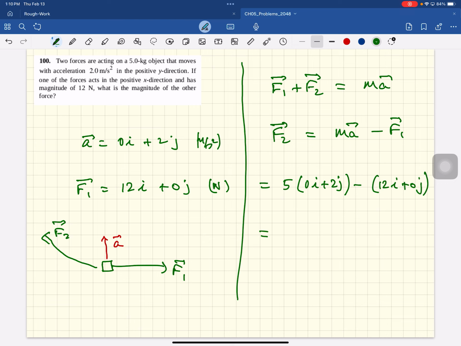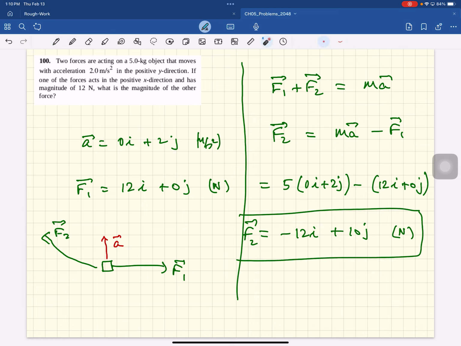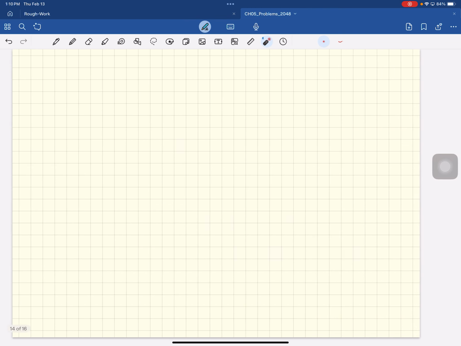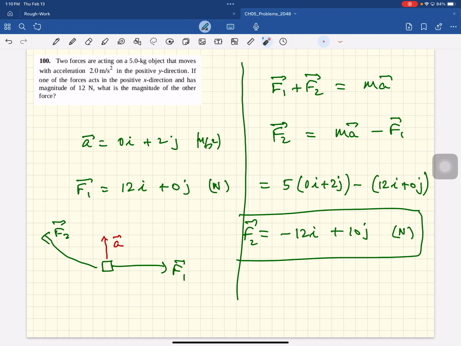So this is minus 12i plus 10j newtons. So there's F2. You see, we'd already guessed the x component of that cancels that, and there's the y component of this force which is giving you that acceleration.